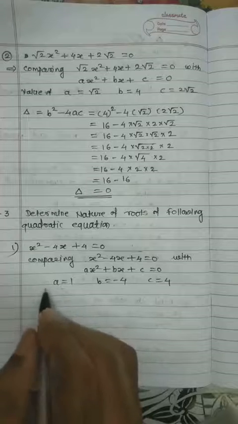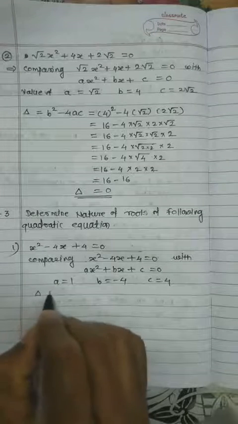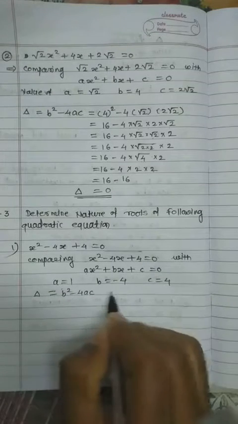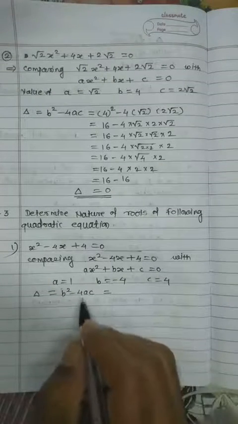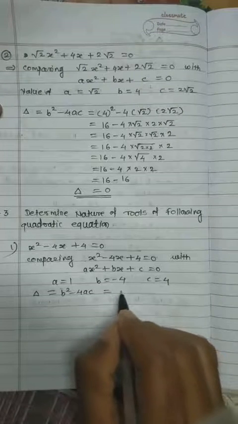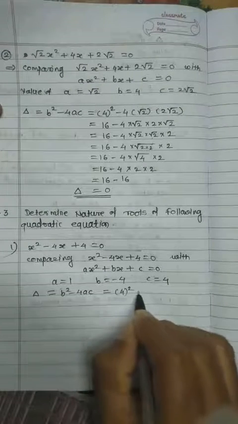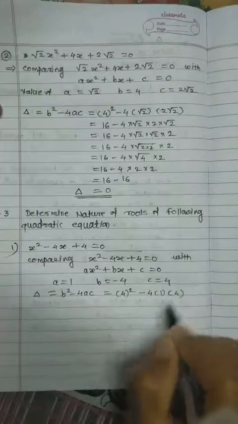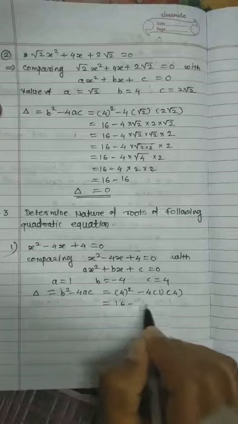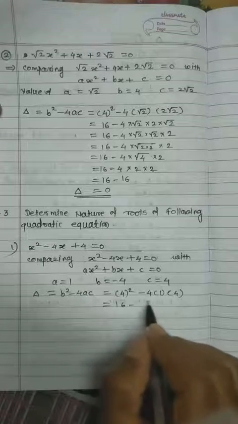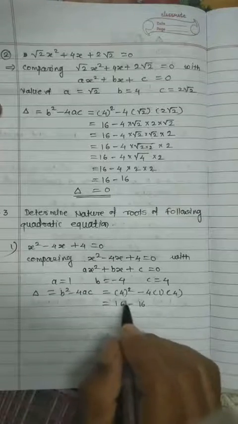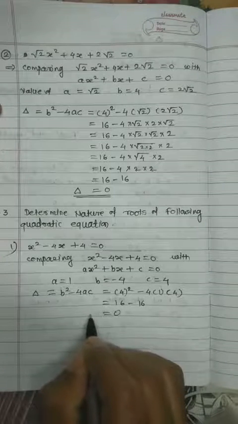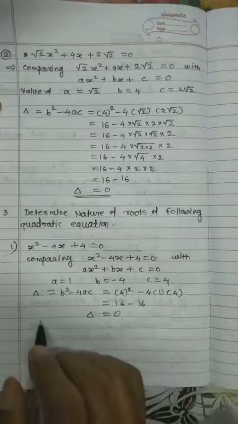Then delta is equal to b square minus 4ac. After adding the values, 4 square minus 4 into 1 into 4, 16 minus 16, and hence here also 0, meaning delta is equal to 0.